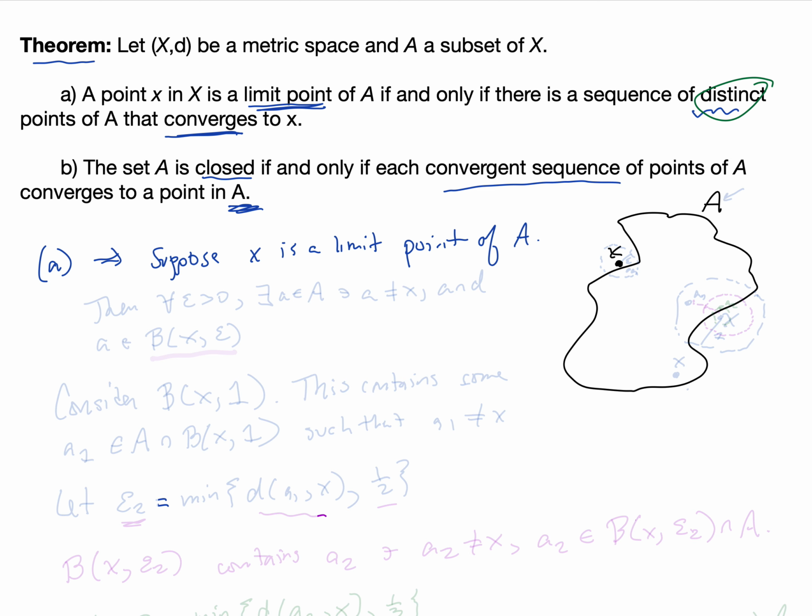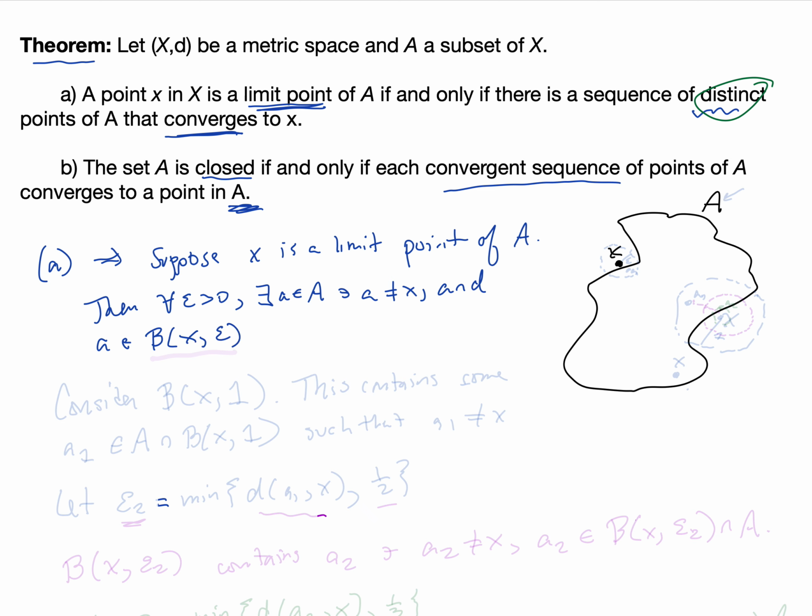So we've got x, a limit point of A. What does that mean? One equivalent definition of being a limit point is that for any epsilon greater than 0, there is an a in the set A such that a is not equal to x and a is in the ball centered at x of radius epsilon.